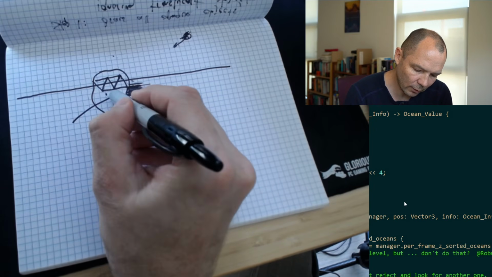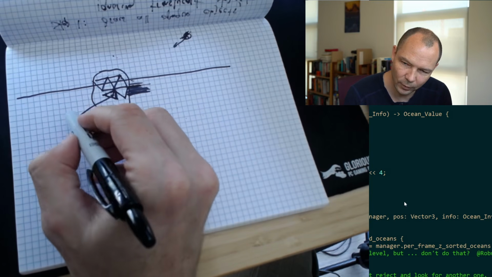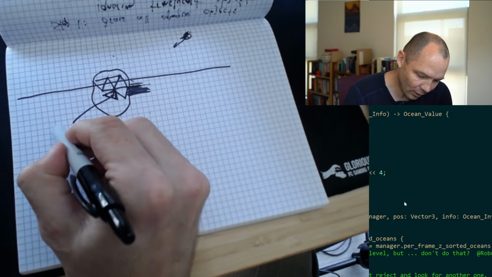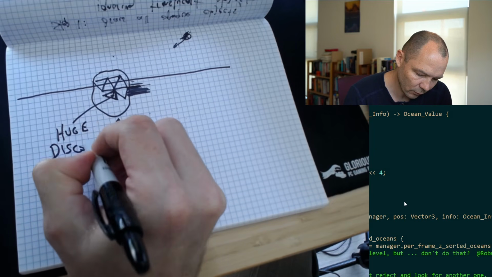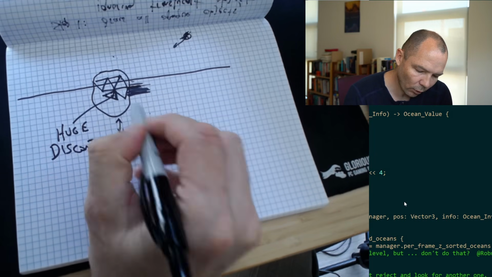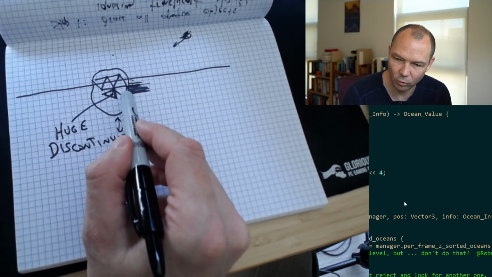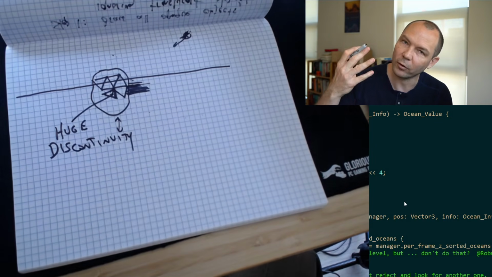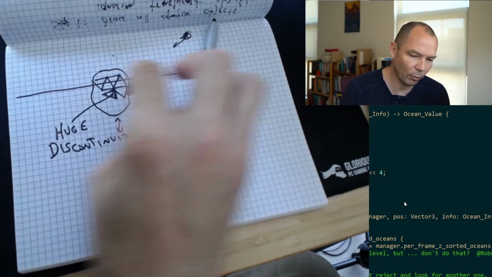So you would get a huge, this is supposed to be an arrow, not a triangle. You would get a huge discontinuity where the bottom of one triangle has no water and then the top of the neighboring triangle has lots of water on top of it. That looks terrible. So sorting by triangle isn't going to help you solve this problem.